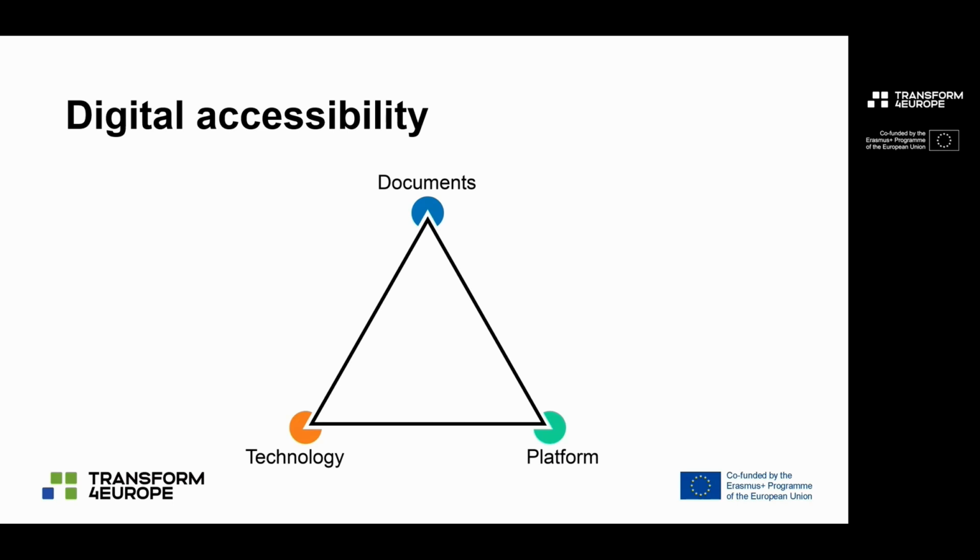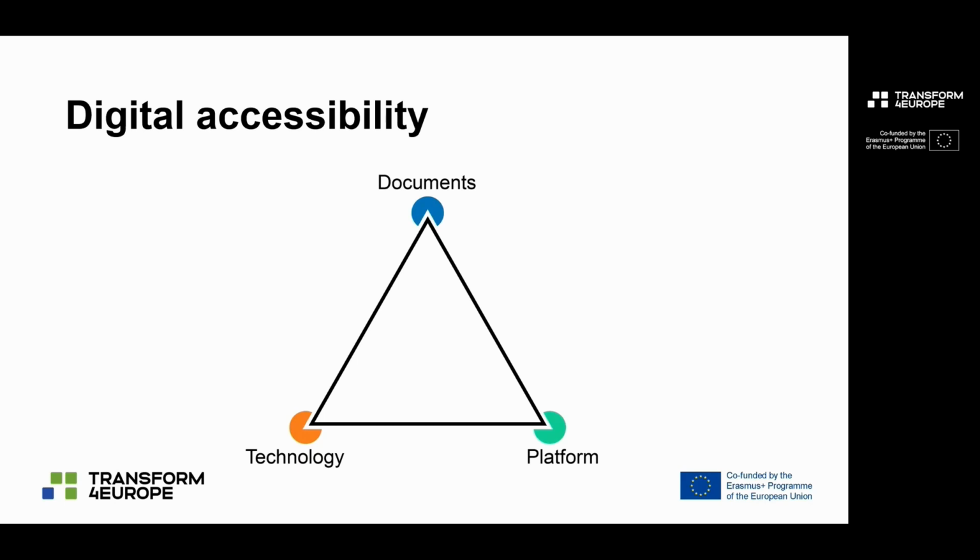As for the first point, it is technology. The user must have access to the technology. For example, if someone has an electronic device, such as a smartphone, but doesn't have an internet connection, the technology won't be accessible. Regarding the second one, it is the platform, which can be Google Drive, virtual classrooms, social networks.